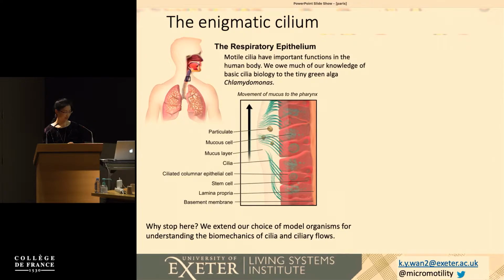What's interesting is that they act as the body's first line of defense against pathogens and viruses and other such unwanted organisms.